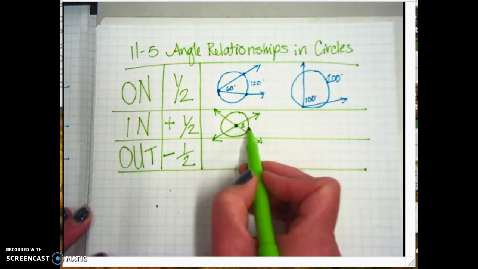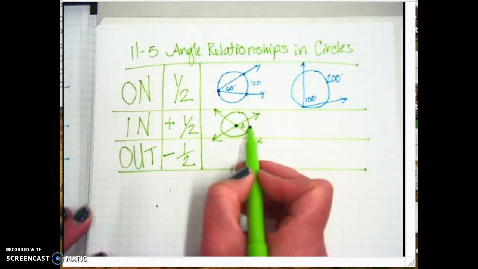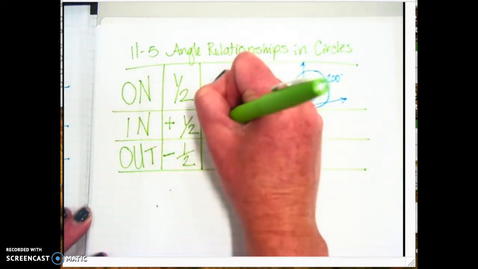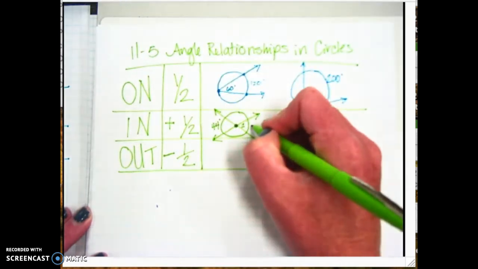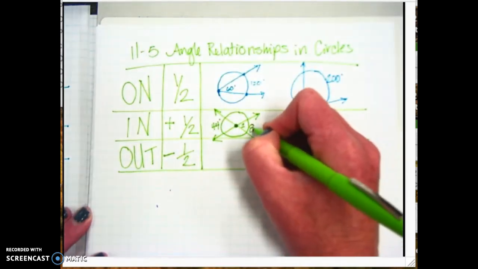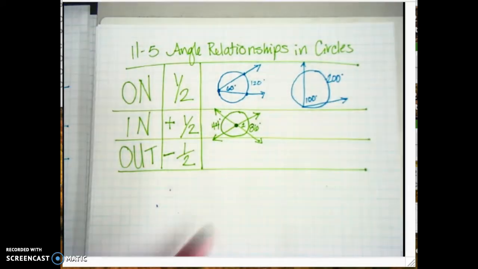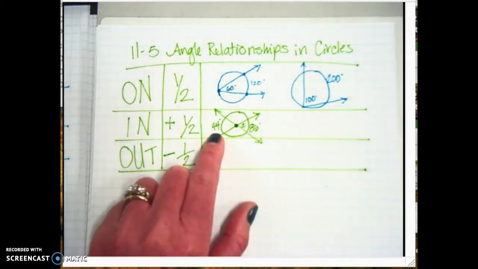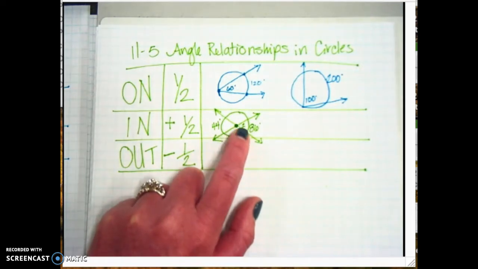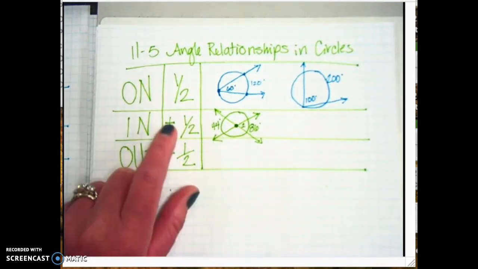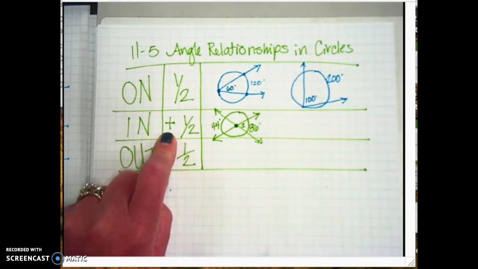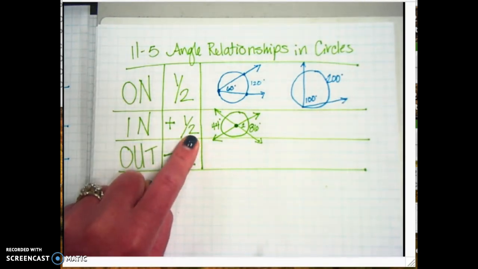We have two arcs that are associated with it. This one over here, we'll say it's 44 degrees, and this arc over here, we'll say it's 86 degrees. Those two arcs are associated with angle 1, so we're going to add them together and then multiply by 1/2 or divide by 2.